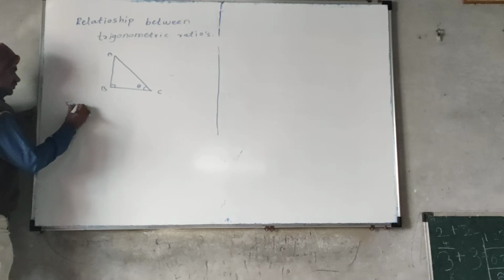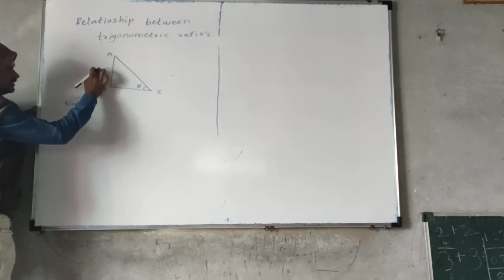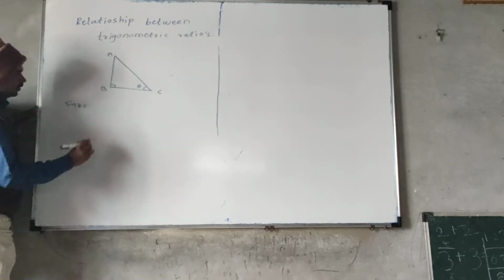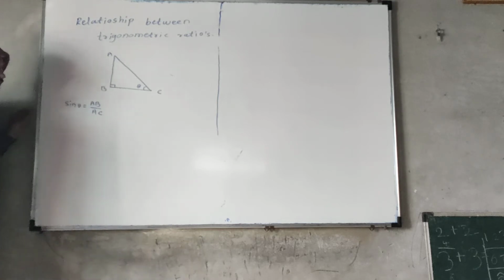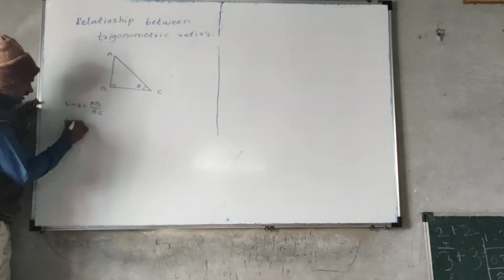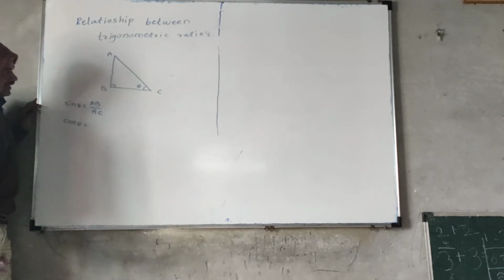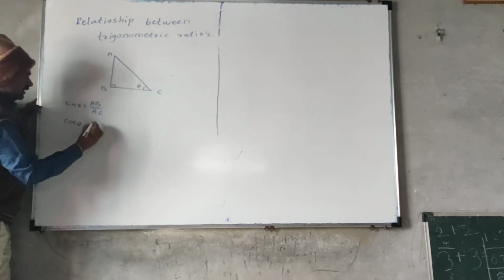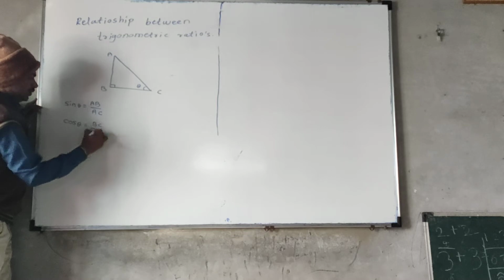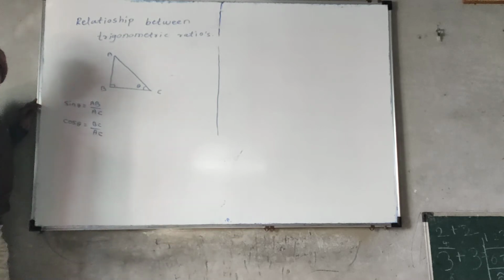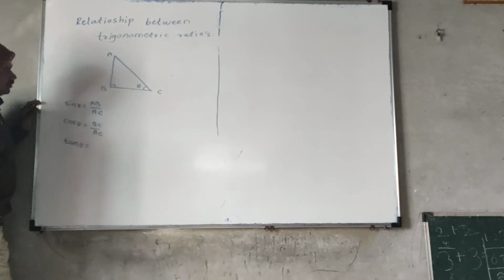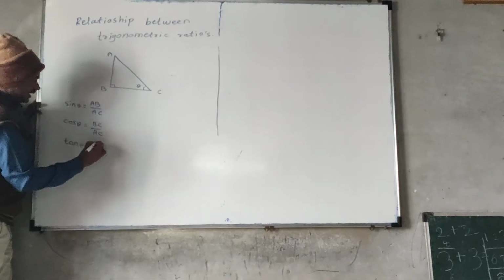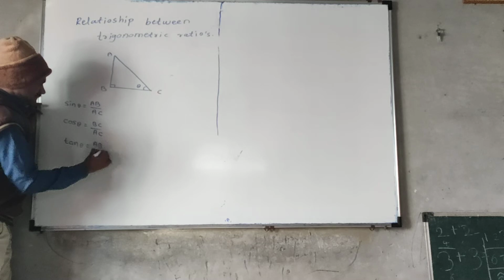Sin theta, we know that opposite side upon hypotenuse, that is AB upon AC. Cos theta is equal to adjacent side upon hypotenuse, that is BC upon AC. Next one is tan theta, which is equal to opposite side upon adjacent side, that is AB upon BC.